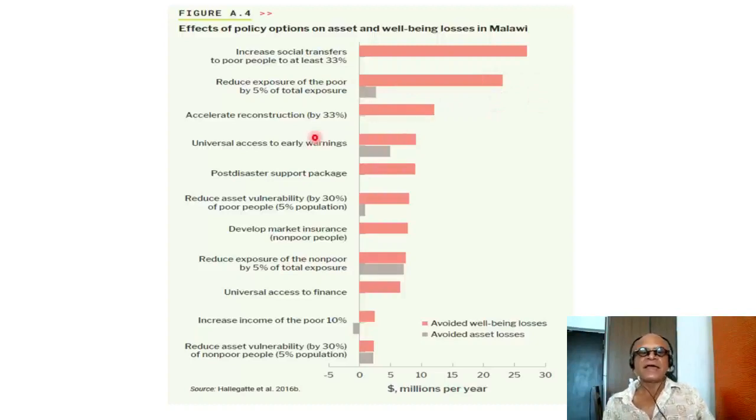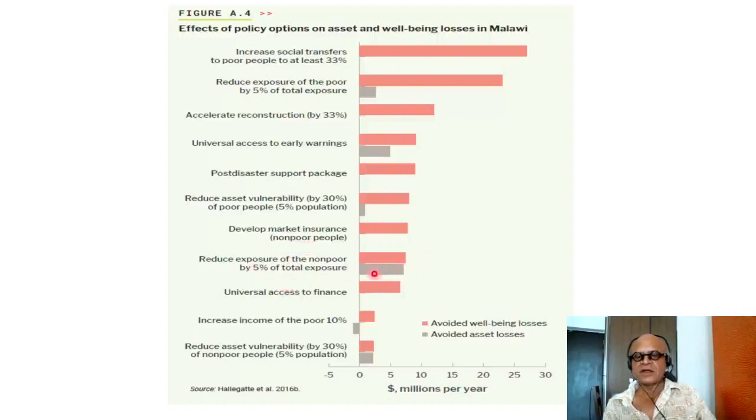Accelerate reconstruction by 33%, universal access to early warnings, post-disaster support package, reduce asset vulnerability by 30% of poor people, 5% of population. So these are models, so you can perturb it in any way you want. So this is just to show sensitivity of the various interventions. Develop market insurance for non-poor people, reduce exposure of the non-poor by 5% of the total exposure.